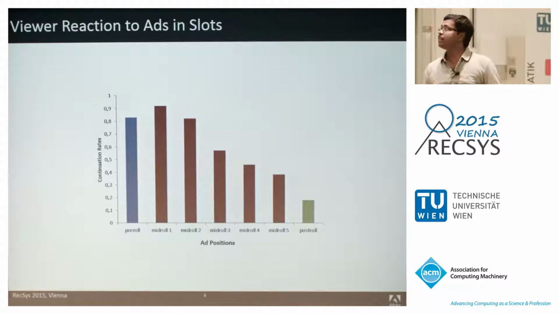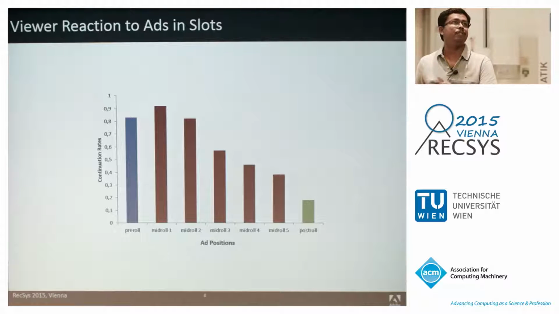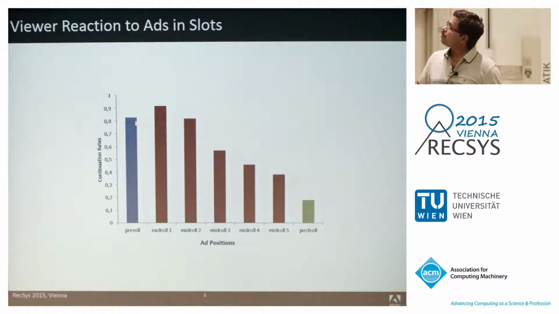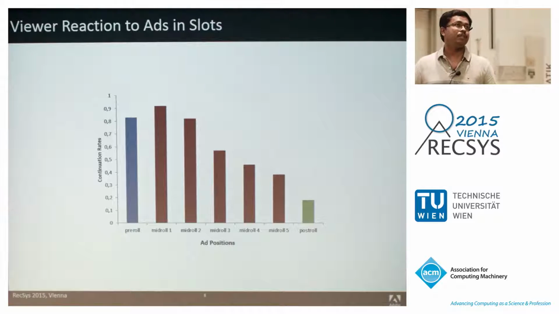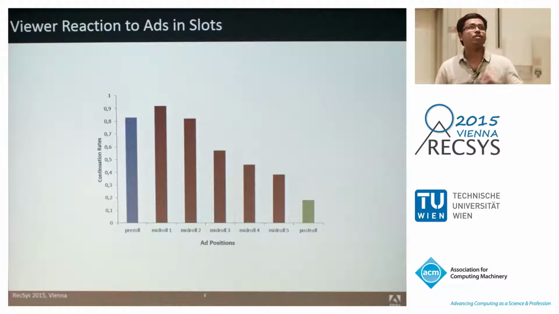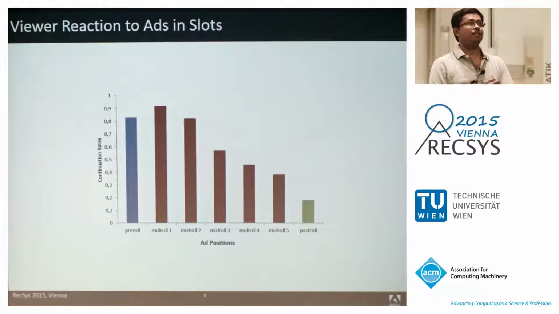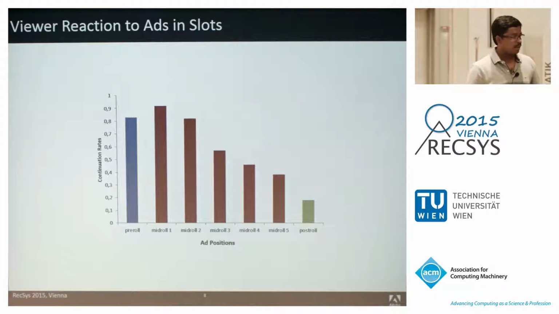One thing to note here is there is a selection issue because it's kind of a conditional probability, if you will, because the person who reaches mid-roll 1 must have survived the pre-roll. But even then it's exciting, because one would think that pre-roll is the most engaging ad slot for a publisher, but it's not according to this data.